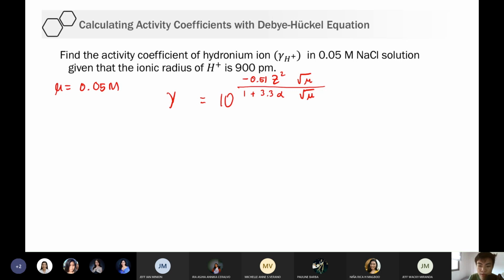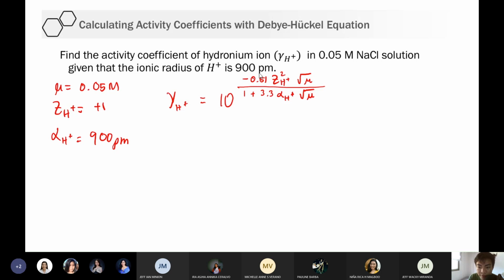Since we are looking for the gamma of H plus, we have to solve for the charge of the H plus and its ionic radius. We already know the mu. So what is the charge of H plus? Obviously, that's positive 1. How about the alpha H plus, the size of the H plus? According to this problem, that is 900 picometers.